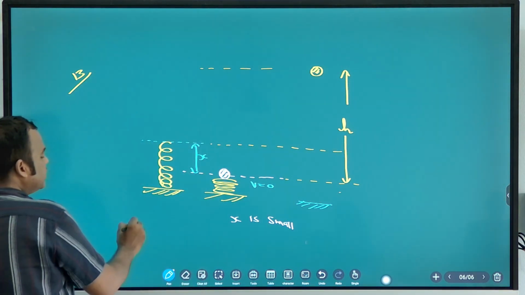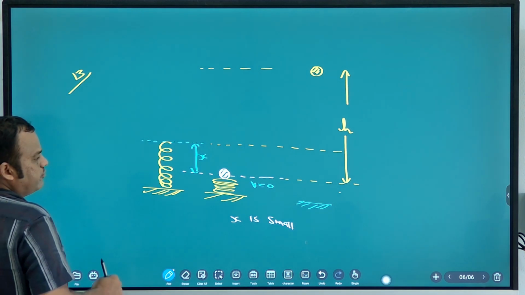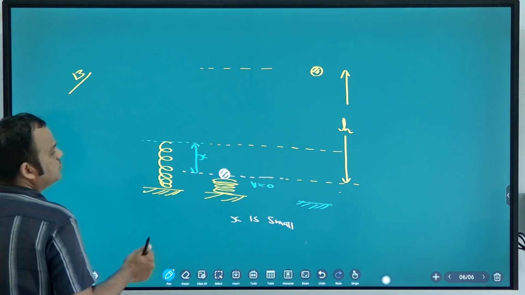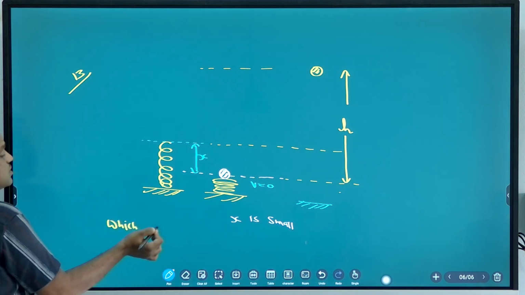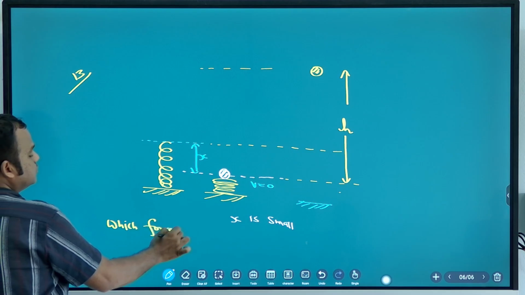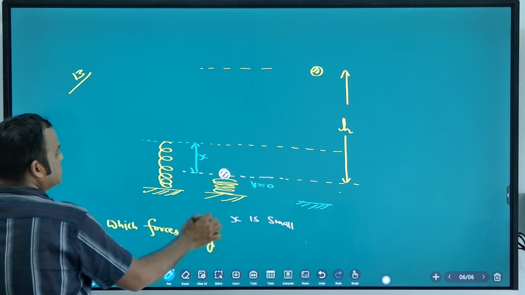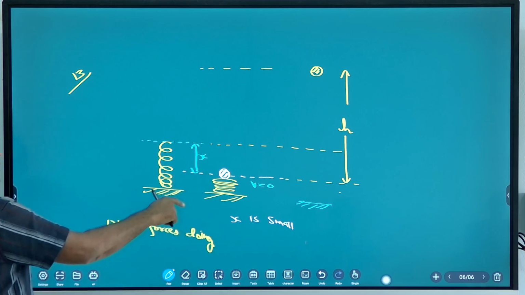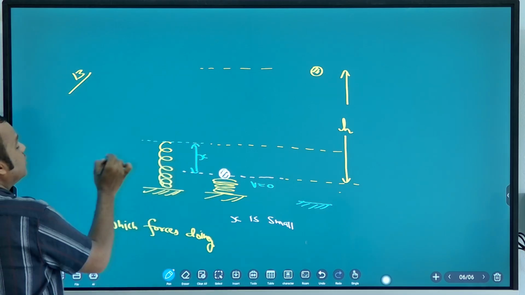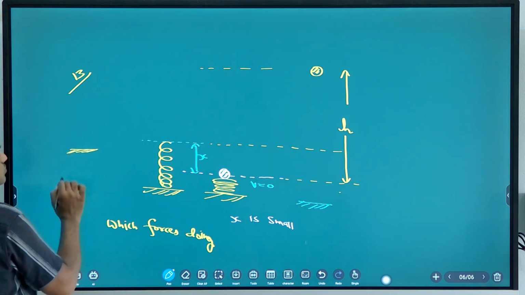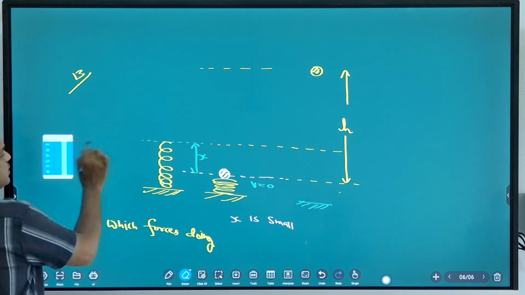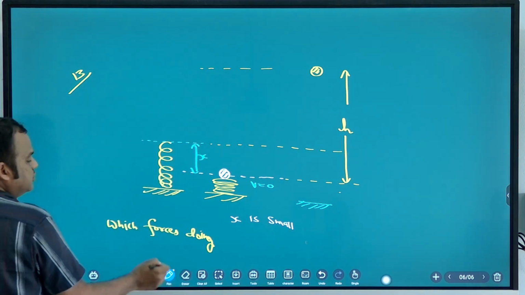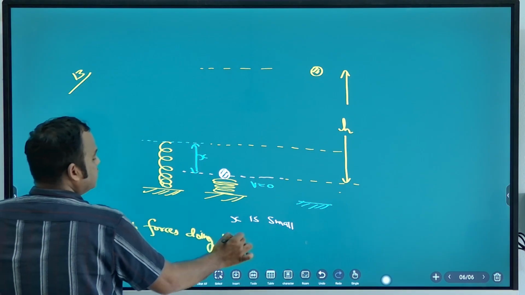So who is doing work? Which force is doing work? How many forces? Two forces, spring force and mg. Normal force is not there, for normal force we need a surface. It is a spring, so spring force. So which force is doing work?